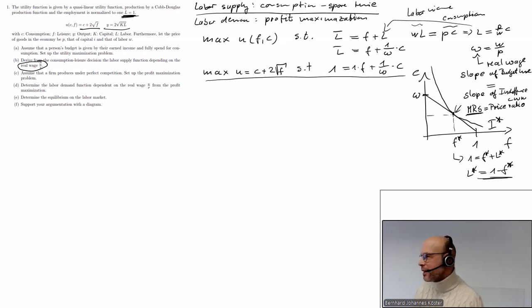Another solution method. What can I also do? Lagrangian multiplier, or I don't know how you have called it, maybe insertion method, that you solve for one variable your budget restriction and then insert this into the utility function, and then you have only a function depending on one variable, and this you can maximize with just deriving with respect to your variable.